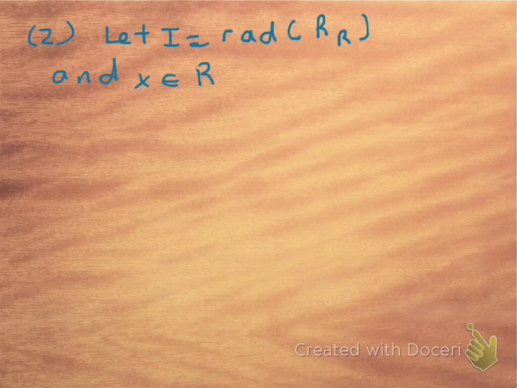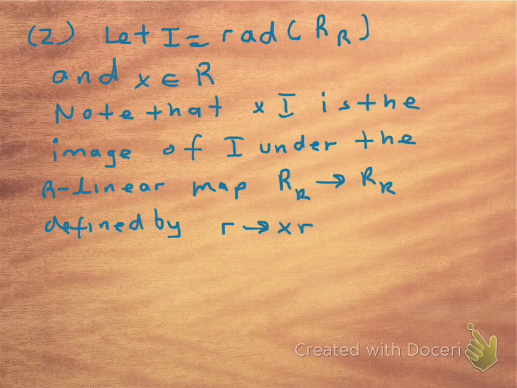So take an element x of R and recall that multiplication on the left by an element of R, in particular x, constitutes an R linear map from R into R as a right module. Therefore xI, namely the collection of all products formed by multiplying x and an element of I, is simply the image of I under this R linear map.